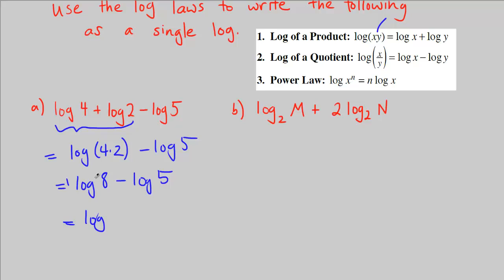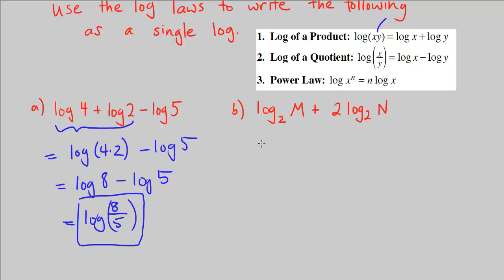So this is a positive log of 8 over the one we're subtracting, log of y. So 8 over 5. So here is the simplified version of part A. We have a single log, it's log of 8 over 5.